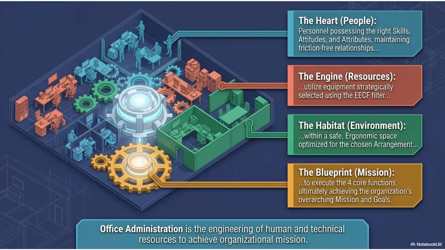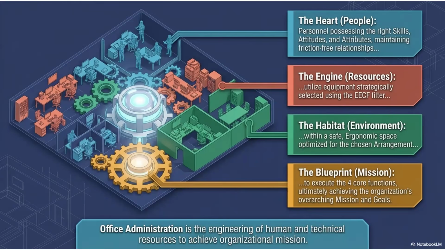The people in the office are like the heart. Those are the ones that have the right skills, attitudes, and attributes, the ones that we spoke about. The engine will be the equipment that is used.